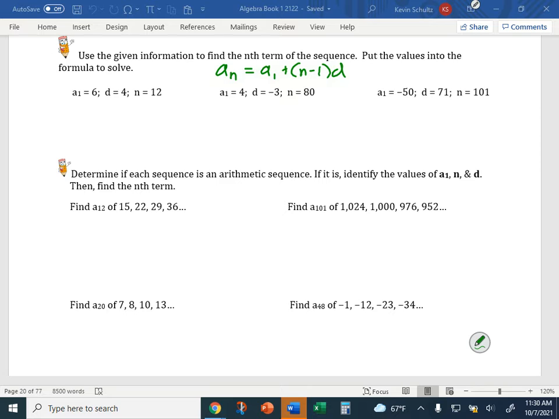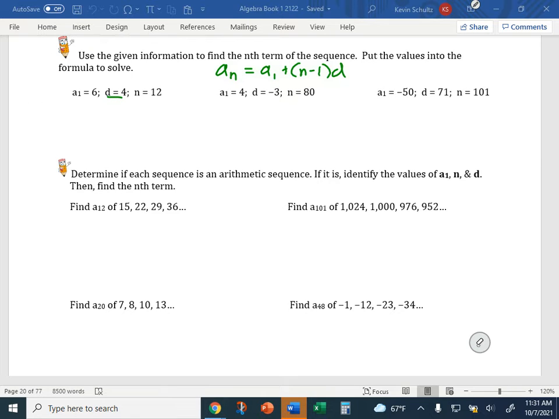Like this first one, if we're starting at 6 and we want to find that 12th term, why do we subtract 1 from that? Right, we already have the first term, which means that our pattern here of adding 4, we need to do that 11 times to get to the 12th term. That minus 1 is part of the formula because you already are given the first term. You have 11 more to go to get to the 12th, right?